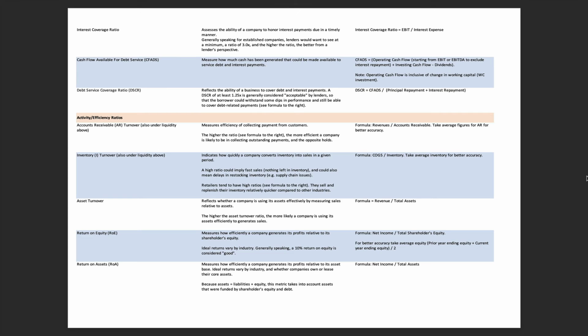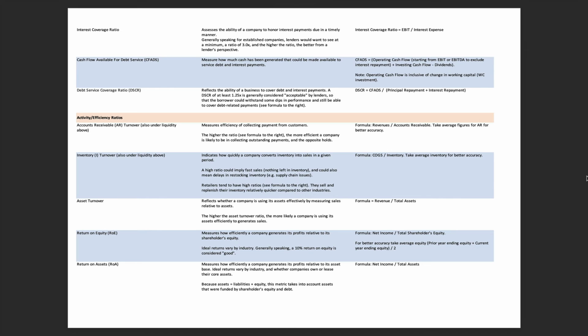So this is only looking at interest payments. And when a company defaults on its interest payments, it means that it has defaulted on its debts. Generally speaking, lenders would like to see a minimum interest coverage ratio of 3 times, which means that a company would be generating an operating profit equal to at least 3 times its interest expense.